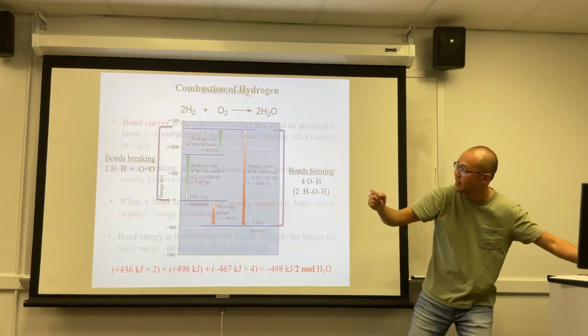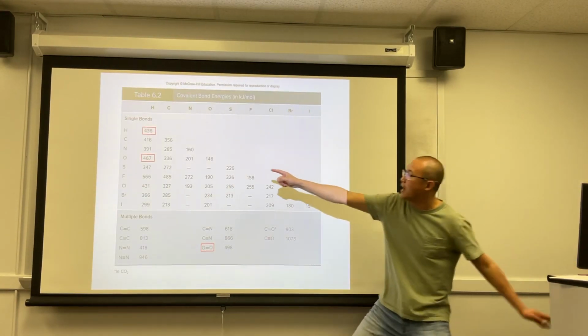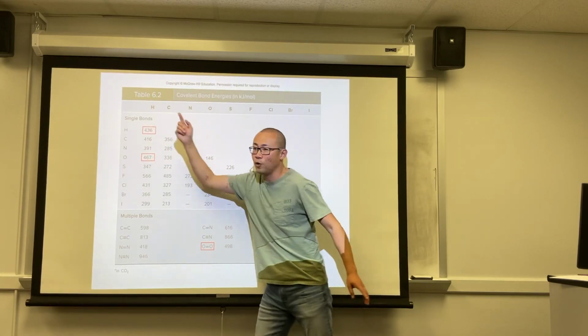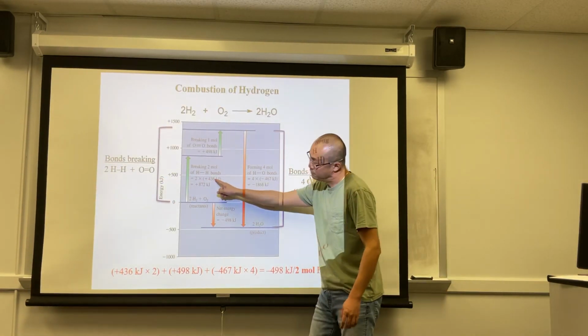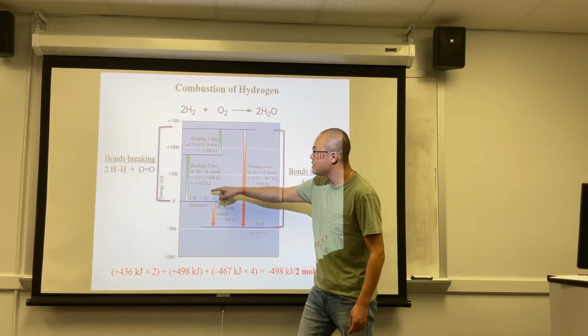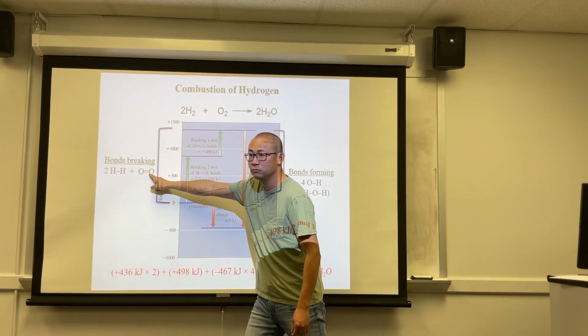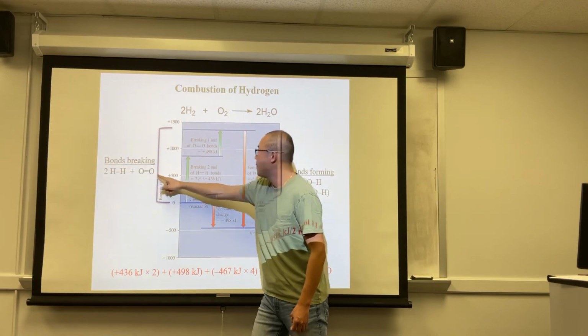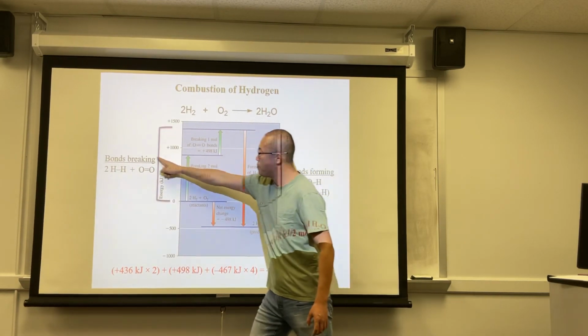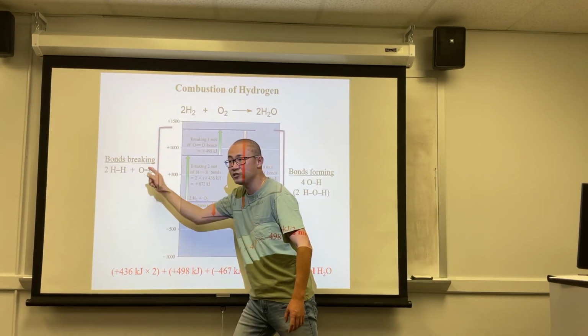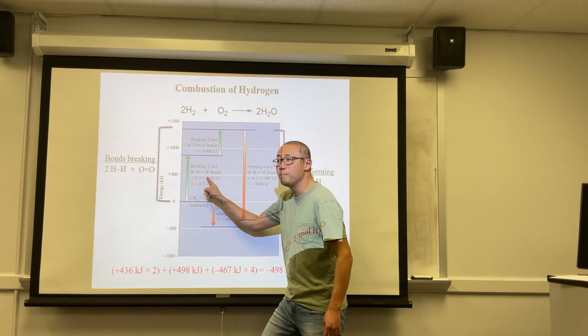Again, you need to find this out from the chart. Hydrogen-hydrogen bond is what? 436. So I use 436 multiplied by what? By 2. And then, what bond is broken as well? The O=O double bond. What is the O=O double bond? 498. Because we're breaking this bond, the energy should be what? Positive.